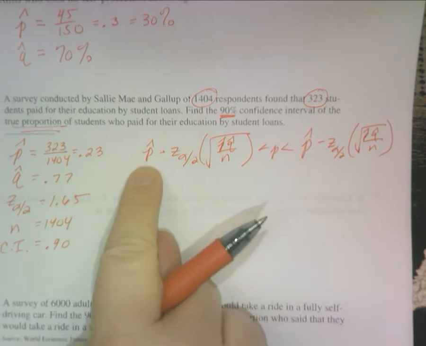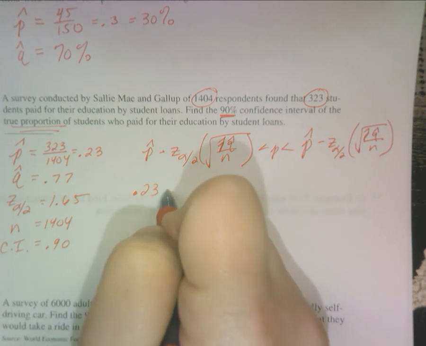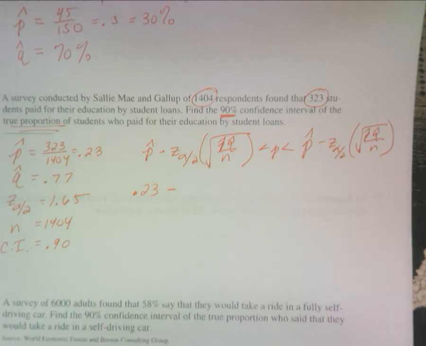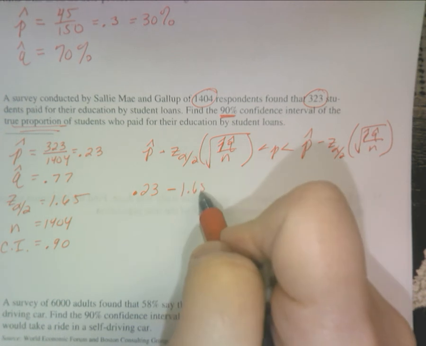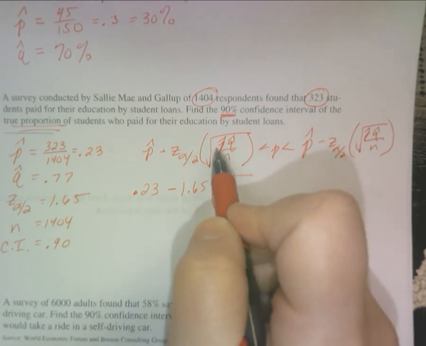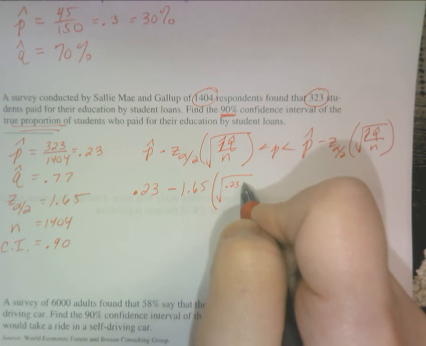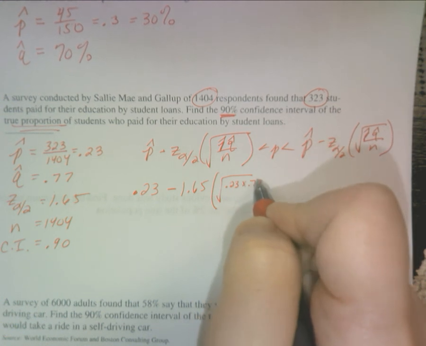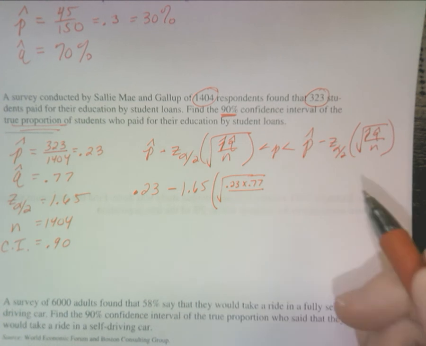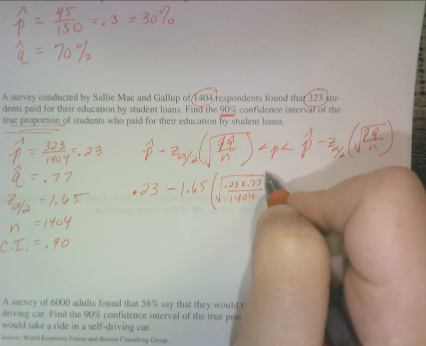What would go here for P hat? 0.23 minus, what would go for Z alpha? Andrew, pay attention. 1.65 times square root. What goes here for P hat? 0.23 times 0.77, then divide by the N, which is 1404.